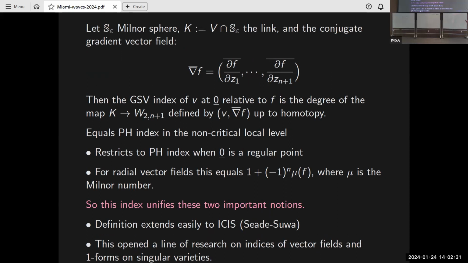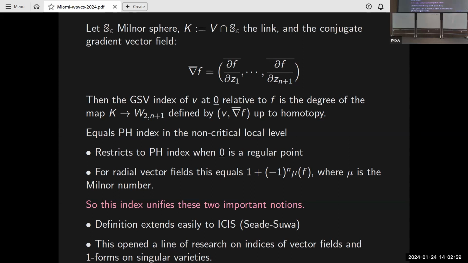Well, you can define it also as the degree of a certain map using the variation. You can define it in a very similar way to the definition of the Milnor number, as the degree of a map. And then you get this number, and it turns out these numbers have some properties. The first is that if there is no critical point, this is equal to zero in the usual case.